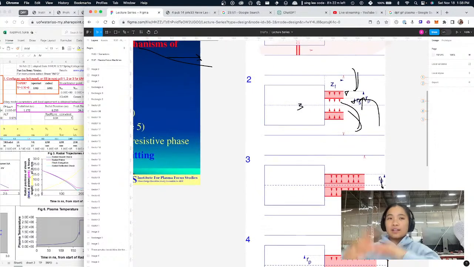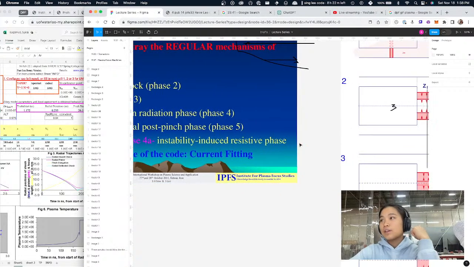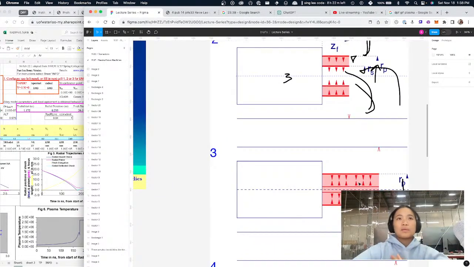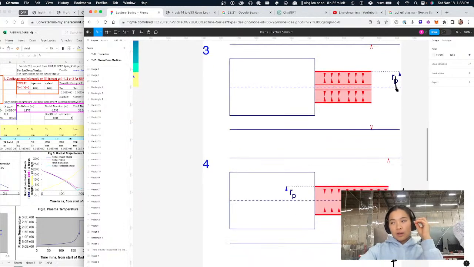And then as things are compressing inwards, the electromagnetic waves will also interact and then bounce back outwards. So that is the radial reflected shock, phase number 3. And I think when people talk about sausage and kink instabilities, and there's one German word that starts with a B, that is also what is happening here. So if the plasmas are generated and coils are generated, this is when it gets tangled up.